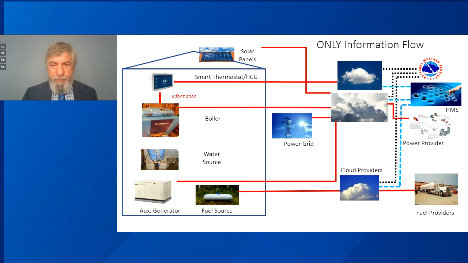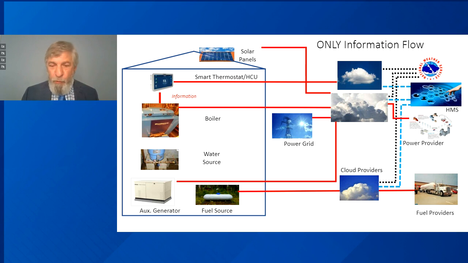I'd like to point out the central cloud, the cloud in the middle. This cloud is actually connected to the home monitoring system. For example, the boiler could be connected to that, and who's monitoring the boiler or the services for the boiler might also monitor the auxiliary generator and the solar panels. Then they can take that information and consolidate it and do data analytics on that.